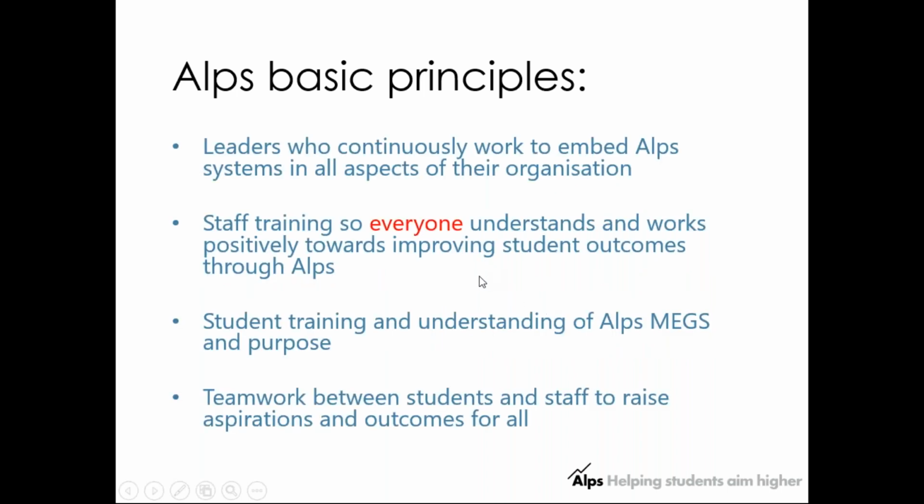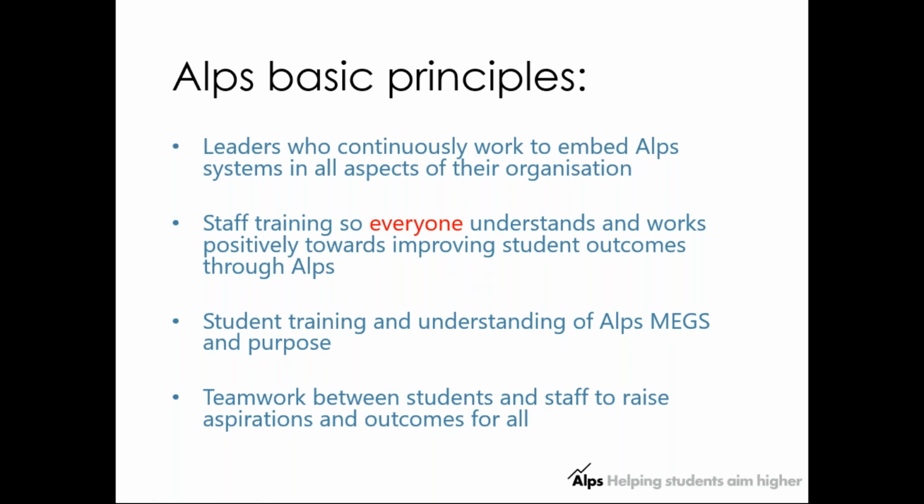And we also understand that leaders who work really hard to embed Alps across the school, both from staff level and at student level, will prosper most from the report and all of the interventions that that report might bring. Staff training is really important. If staff understand where the data comes from and what you're trying to do with it, then that's really, really good.